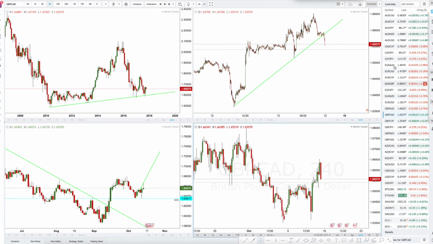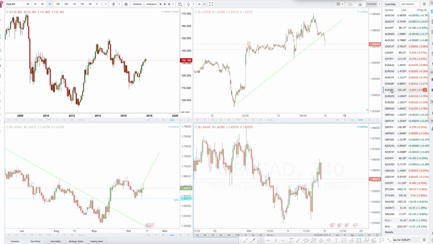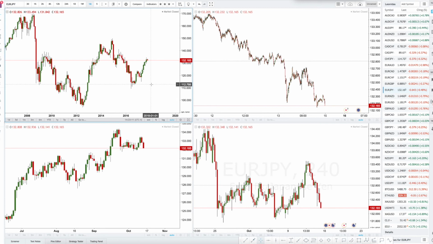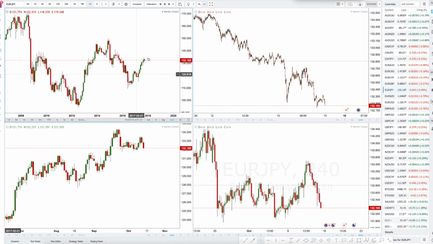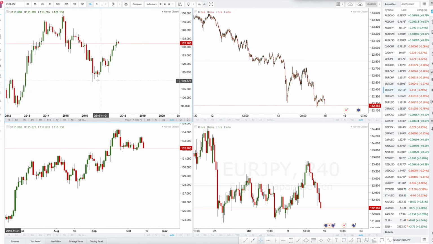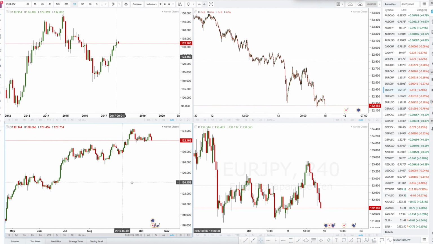Let's look at Euro, Japanese yen, and the bias is down. So now on monthly, we're actually recovering pretty nicely here from this downtrend, and you know, we are still in an uptrend, and the daily actually looks like an uptrend.